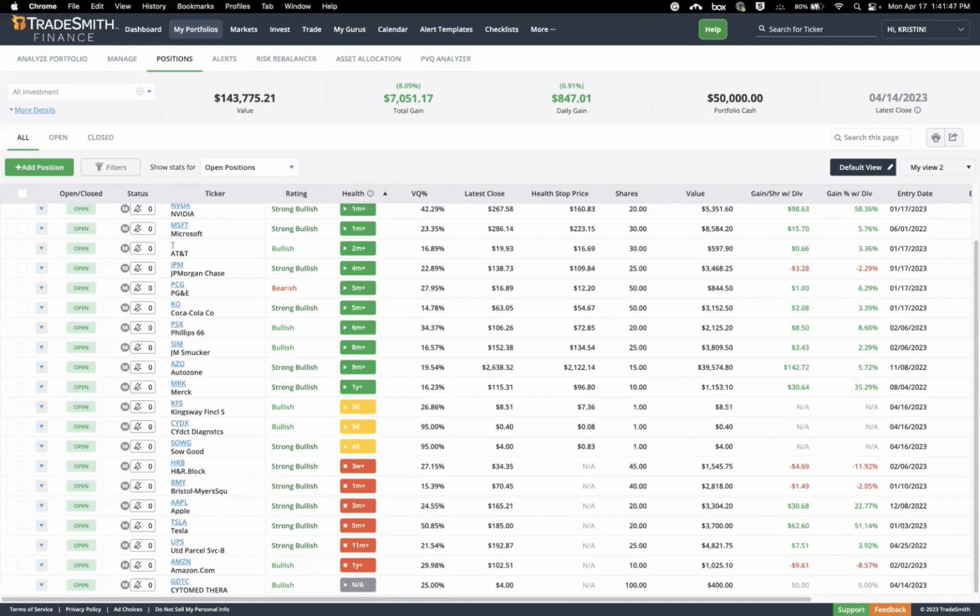Our cryptocurrency still shows the health indicators, but for the VQs, we don't need a lot of data. We just need, believe it or not, approximately 17 days to give it a VQ because of how volatile cryptos are and how they move in the market. So for cryptos, we literally only need 17 days to assign a VQ.